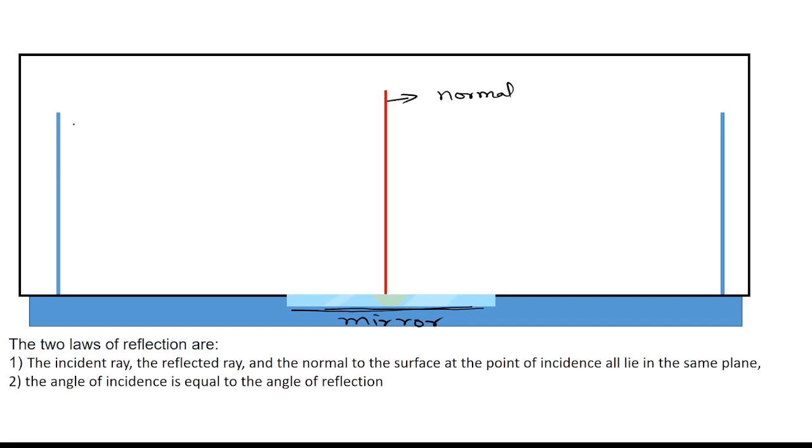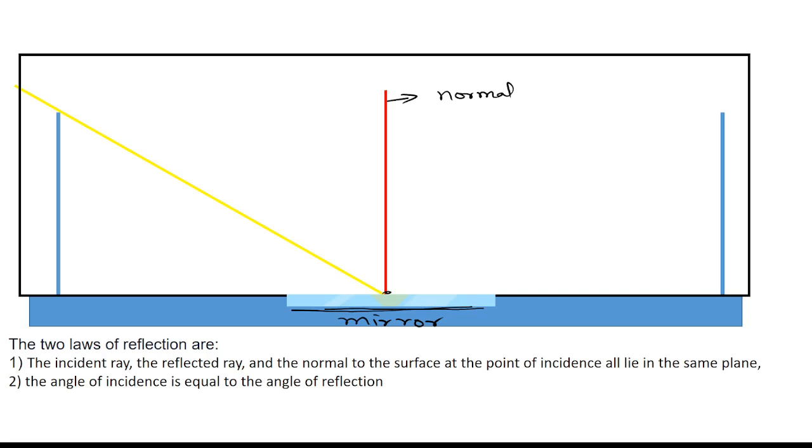Now I'm going to strike a laser light at the point where this normal and the mirror both are in contact. This point is also called point of incidence. As you can see, the light is hitting the point of contact.